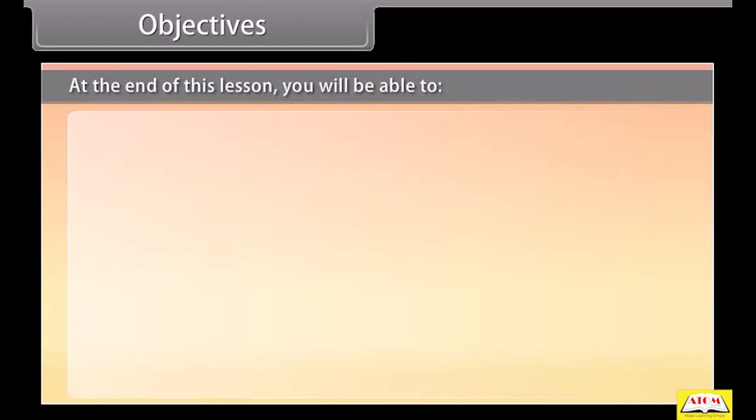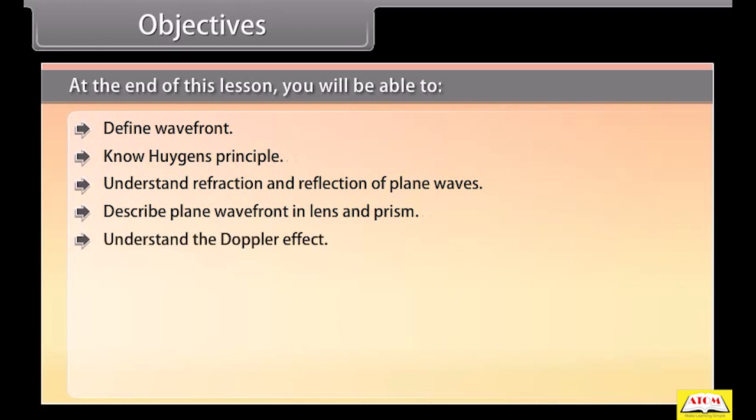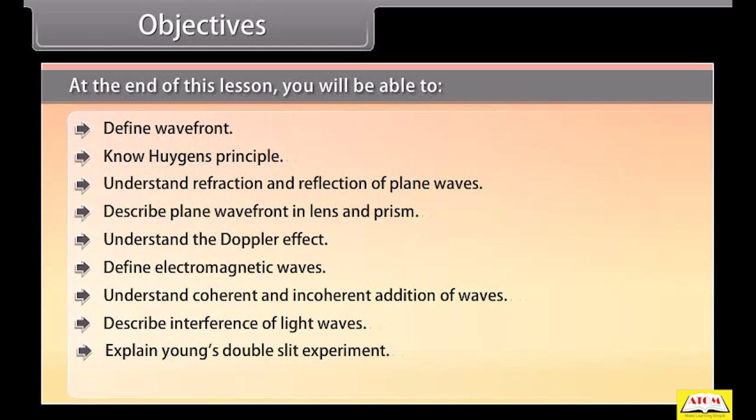At the end of this lesson, you will be able to define wavefront, know Huygens' Principle, understand refraction and reflection of plane waves, describe plane wavefront in lens and prism, understand the Doppler effect, define electromagnetic waves, understand coherent and incoherent addition of waves, describe interference of light waves, explain Young's double-slit experiment, explain conditions for sustained interference.